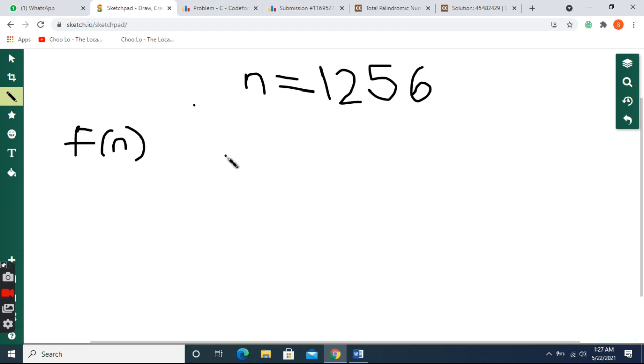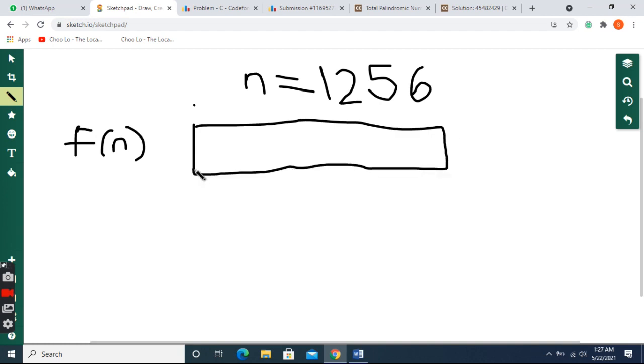So the first step that we do in any Digit DP problem is that we don't treat this number as a number, instead we treat it as a string of digits. So we create a digit array for this number, and for each digit we put it in a separate position: 1, 2, 5 and 6.